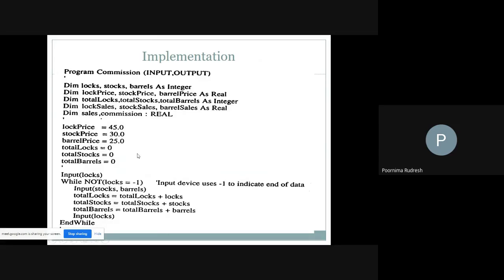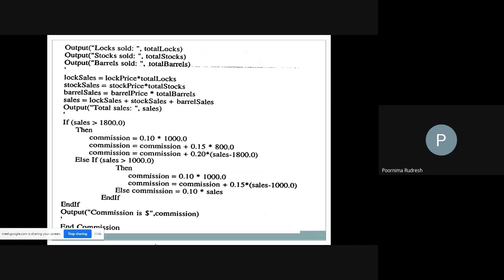If not, the input lock is also given, along with stocks and barrels. Then based on the lock, stocks, and barrels, we are calculating the total locks, barrels, and stocks. Clear? Okay. After calculating that, it displays the message: total locks sold, total stocks sold, and total barrels sold.